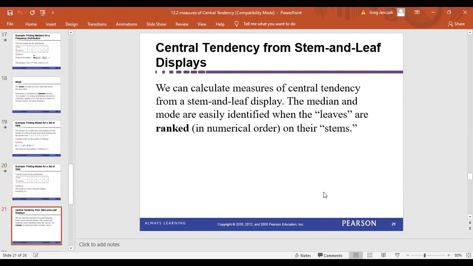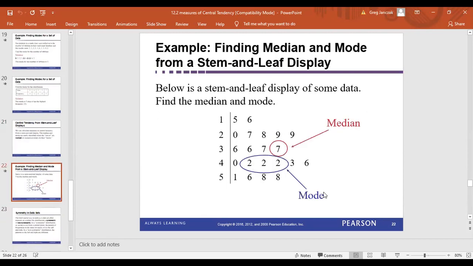Okay, central tendency is stem and leaf display. Basically, we've looked at stem and leaf display before, and so if we wanted to find the mean, we would add all these up and divide by n.